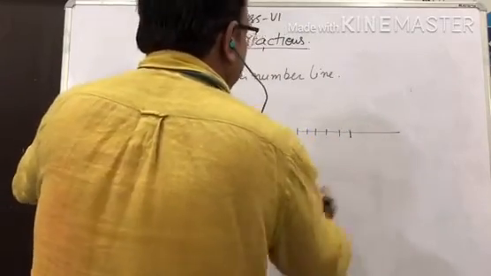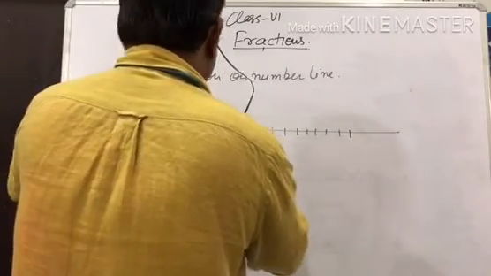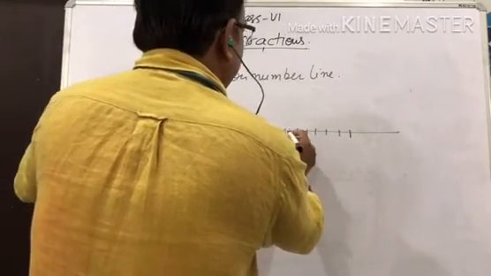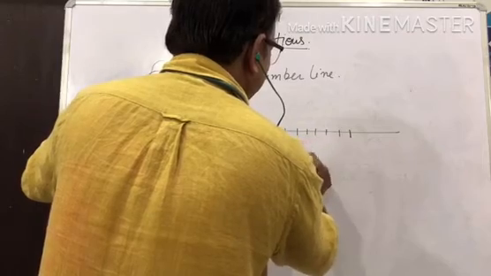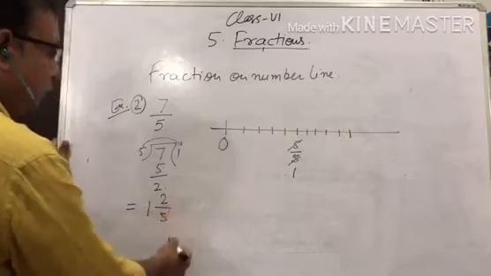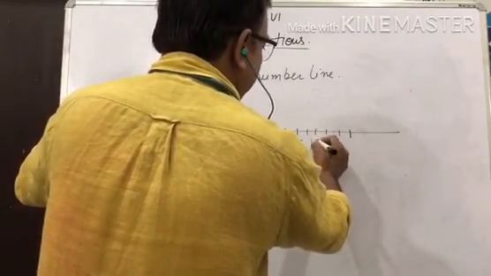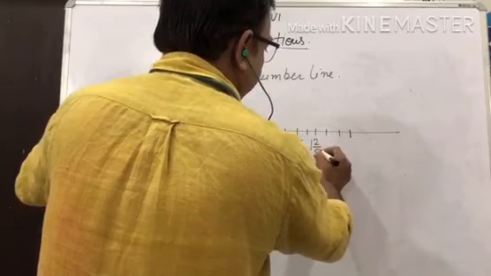Clear? So at 5 upon 5 it becomes 1, and now we have to represent 2 upon 5. So 1 and 2, this is 1 2 upon 5.